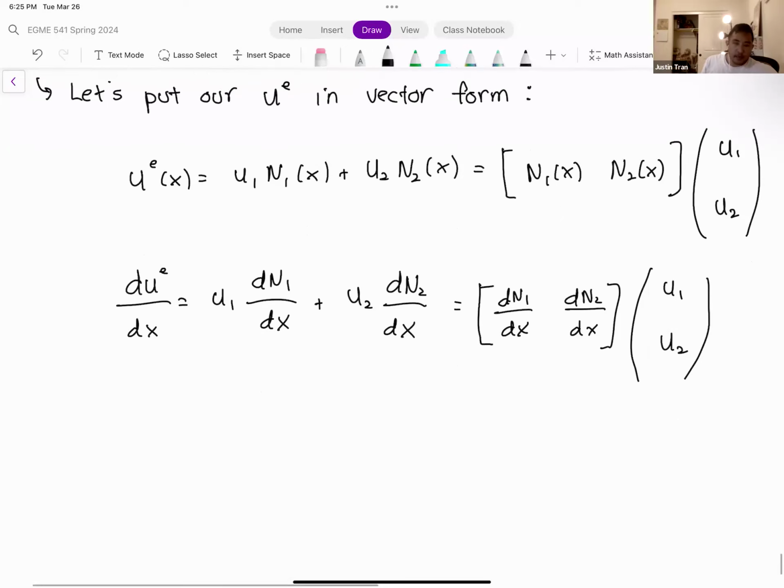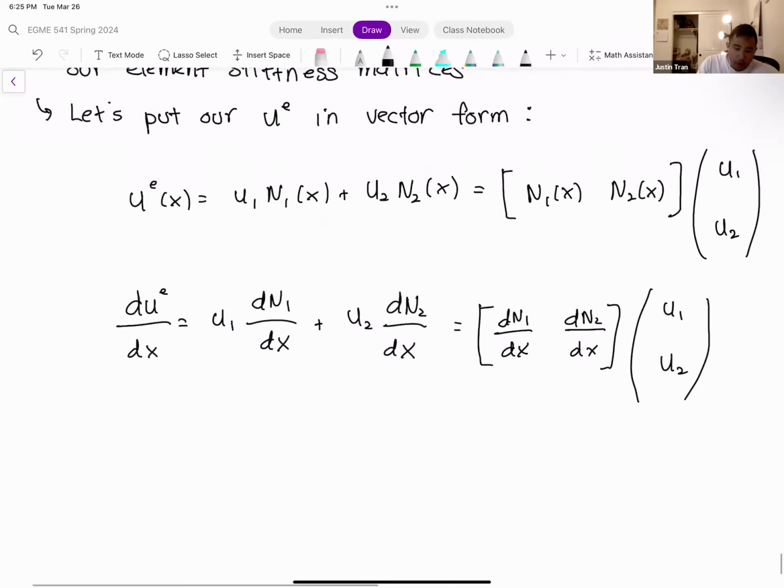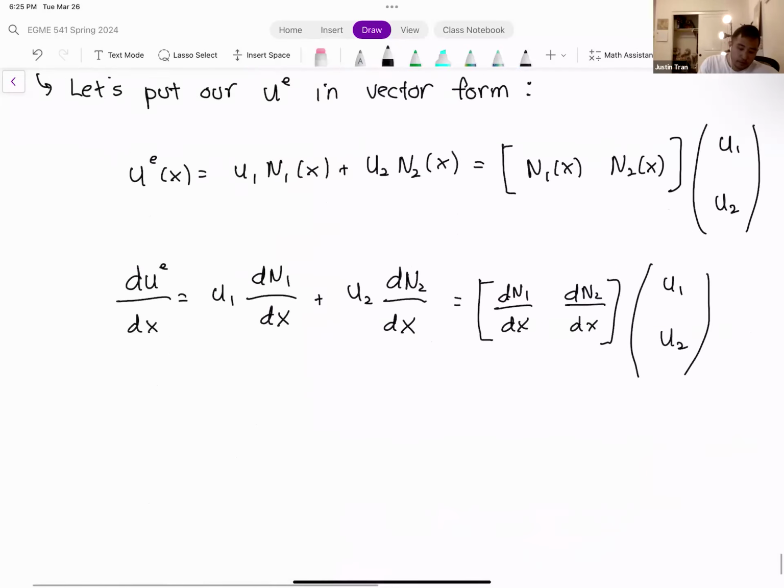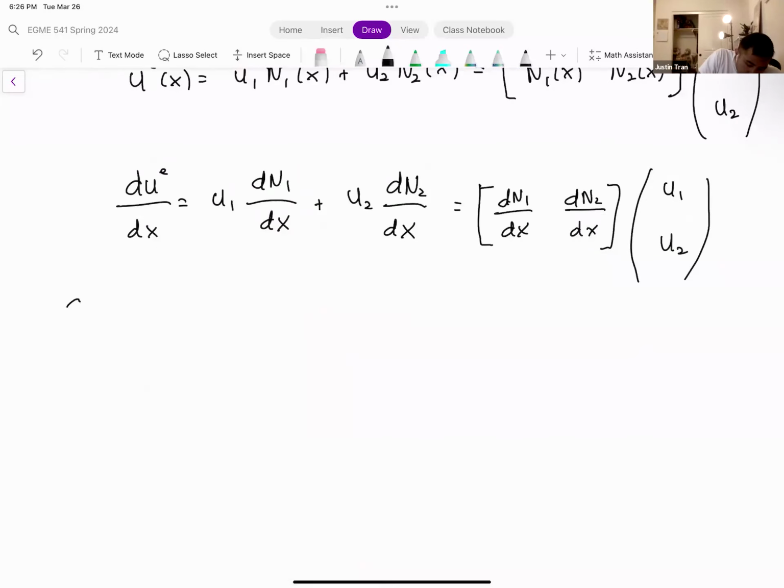Before we move forward, let's write out the expressions for the shape function derivatives as well. We know what N1 and N2 look like, with these expressions up here. If you take the derivatives of these, you get the following. dN1/dx, the derivative of our N1 function with respect to x, is 1 divided by x1 minus x2.